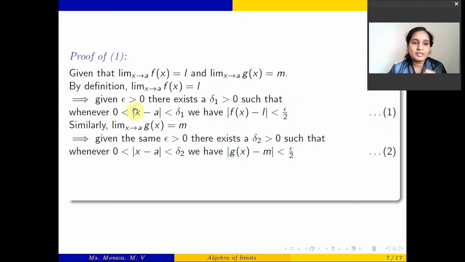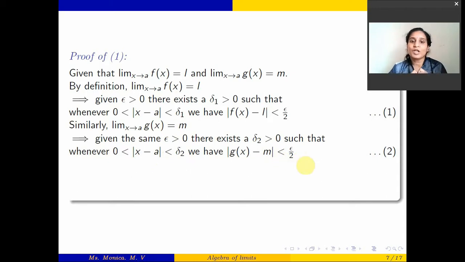Similarly, given the limit as x approaches a of g(x) is equal to M, for the same epsilon I can find another delta 2 greater than 0 such that whenever the distance between x and a is less than delta 2 and greater than 0, we have modulus of g(x) minus M, when x comes close to a, g(x) comes close to M. That means the distance between g(x) and M is less than epsilon by 2.